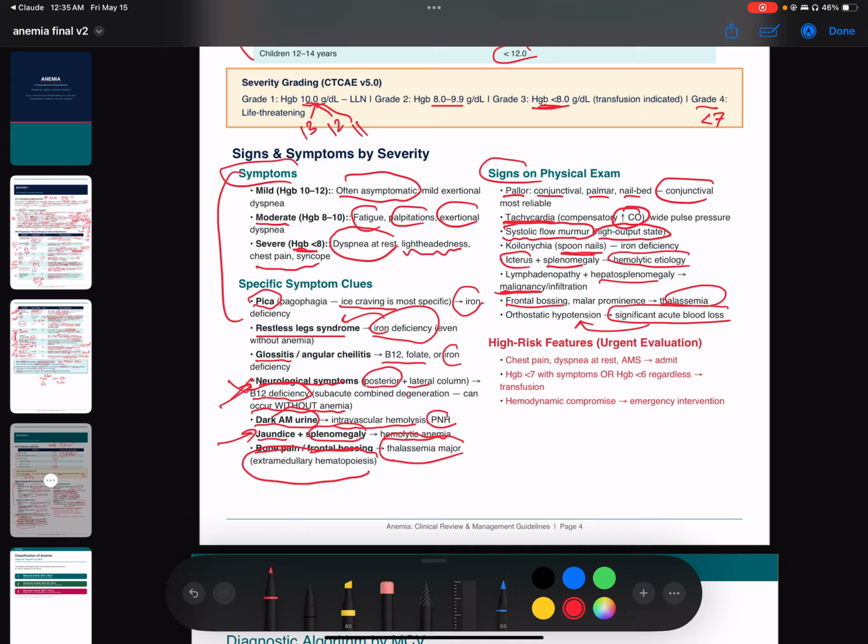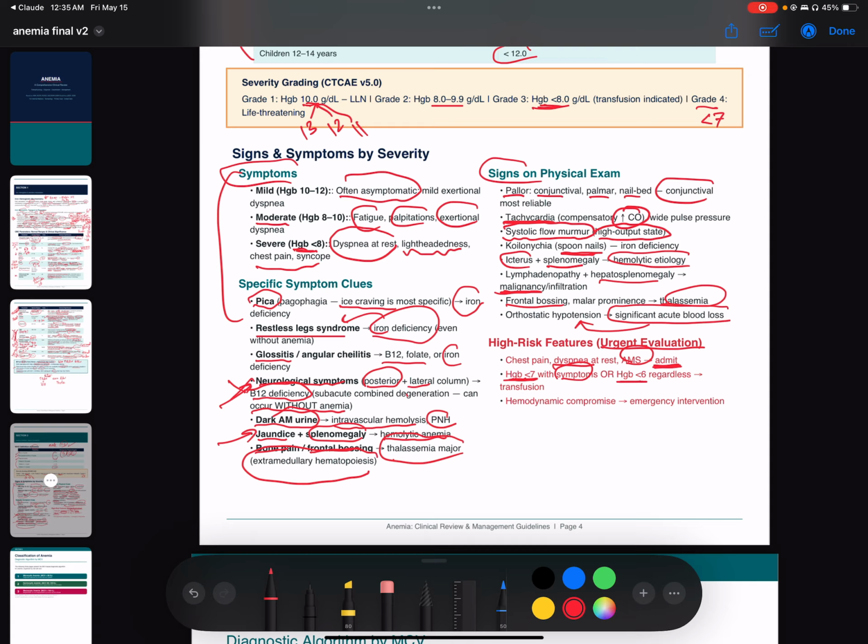What are red flags for anemia that need urgent evaluation? It would be chest pain, dyspnea at rest, or altered mental status, and that needs admission. If someone has hemoglobin below 7 with symptoms, you have to transfuse. Usually you find symptoms if they have fatigue, it can be any symptom here.